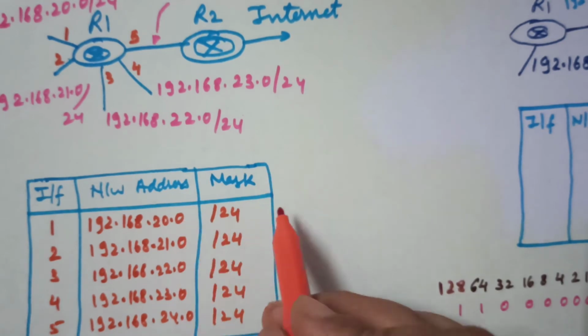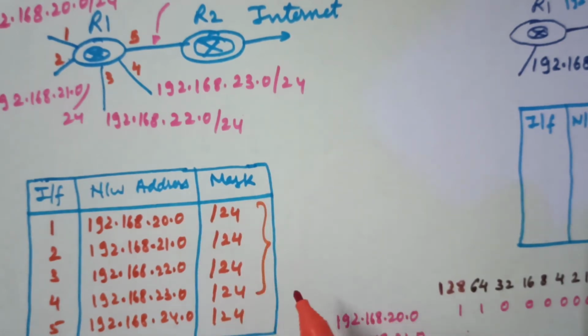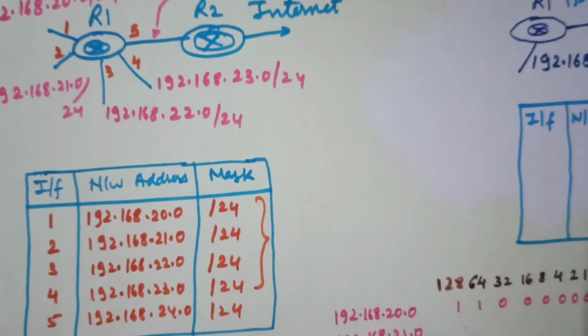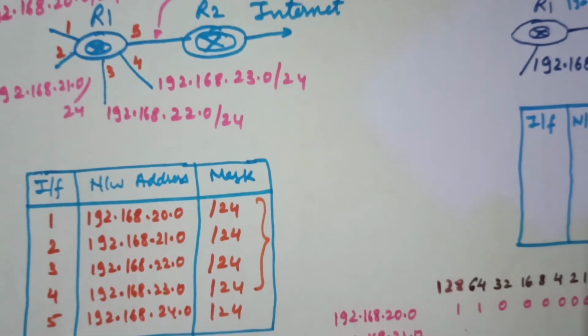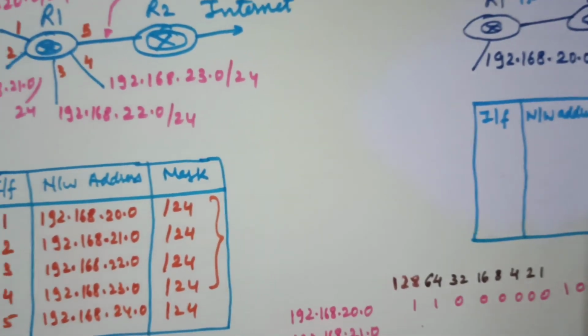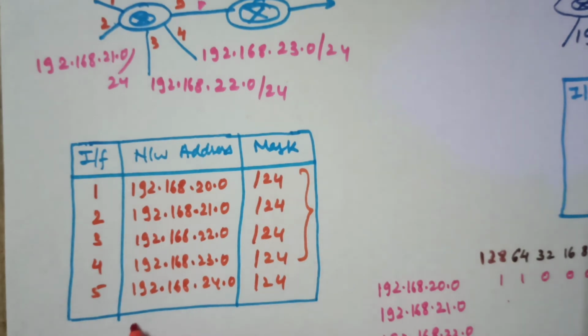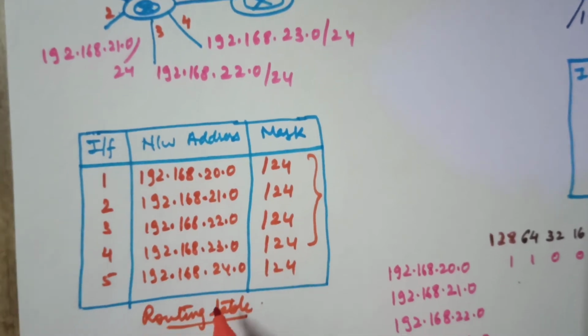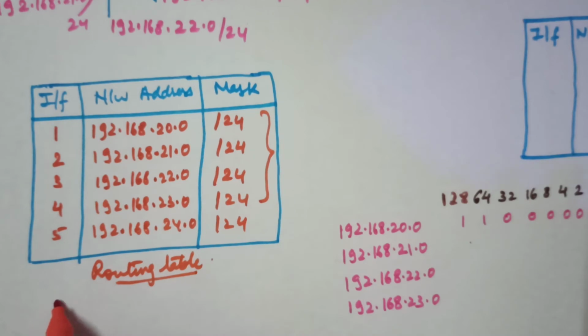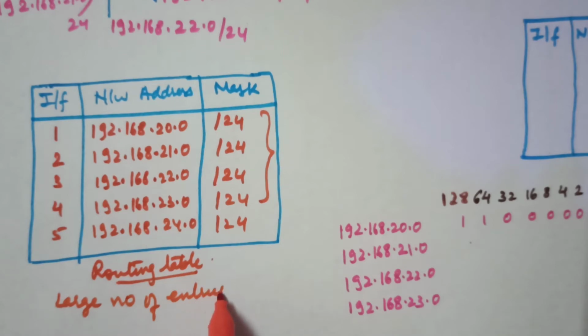Now these 4 Class C addresses can be combined into one large size block of 1024 addresses with the help of supernetting. So here without supernetting the routing table size is large. Routing table is having large number of entries. Due to this the processing overhead increases.